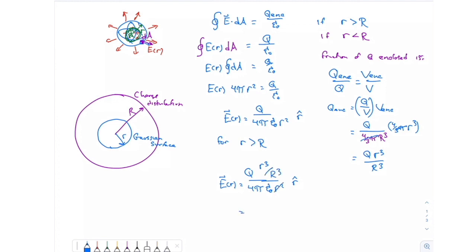And I see that this r squared will cancel 2 of those. And this will look like Q over 4 pi epsilon naught times r over big R cubed. Okay, so this is for r less than big R.